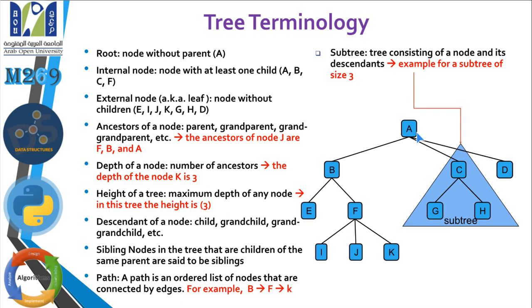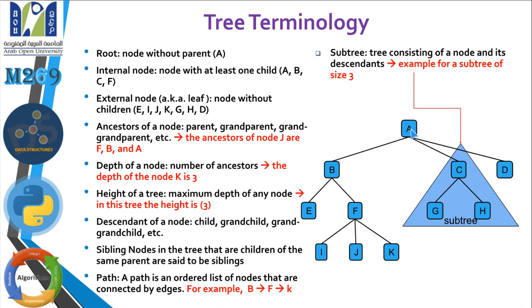Okay, now the depth of the node. The depth is how many ancestors the node has. So for the depth of the node, for example here J, how many ancestors, parents and grandparents, does it have? 1, 2, 3. So it has 3 ancestors, so the depth is 3.